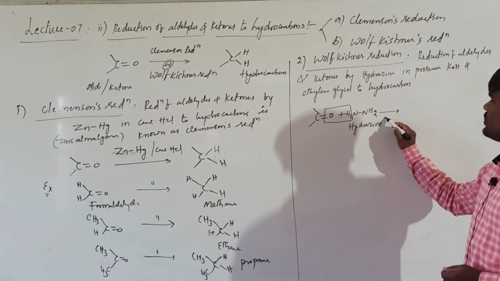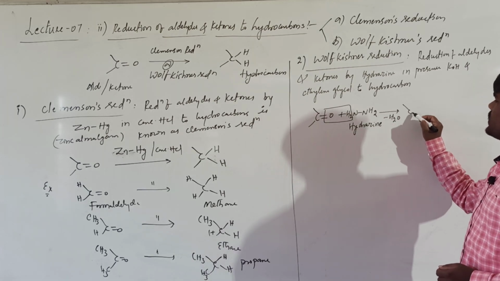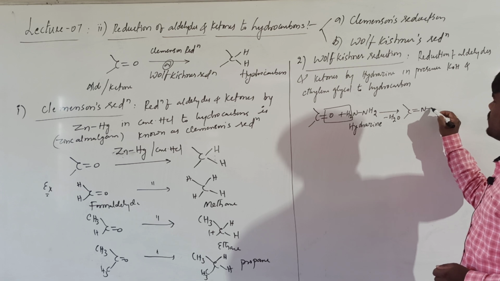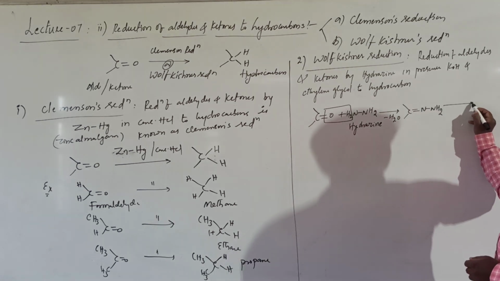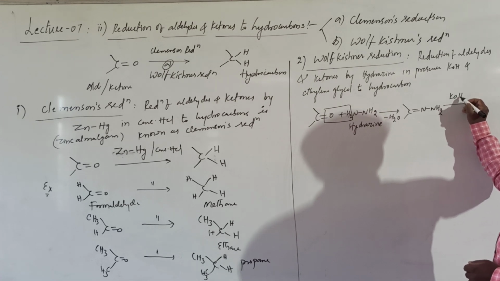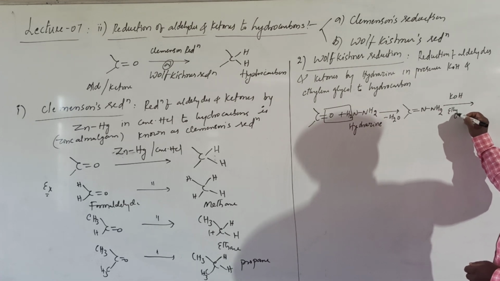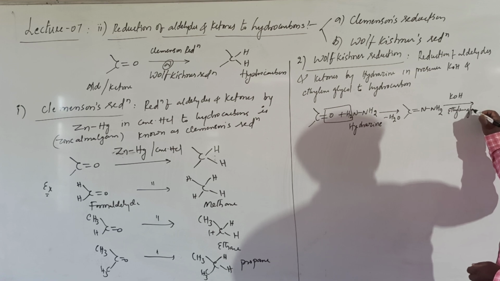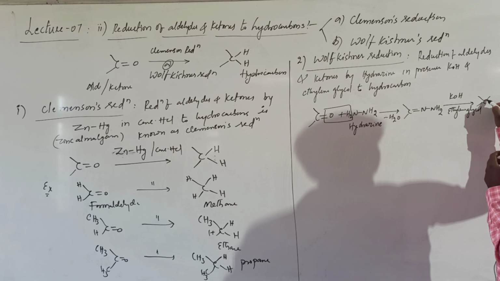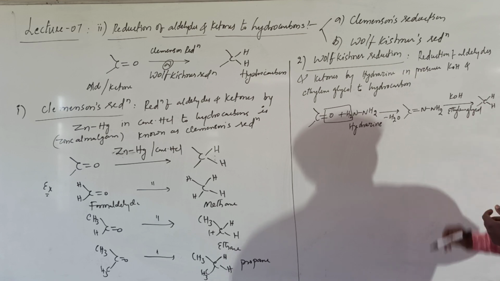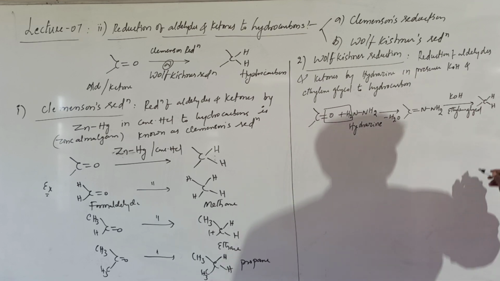So with the removal of water, you will get a hydrazone. This hydrazone, on reaction with KOH in ethylene glycol, will give the corresponding hydrocarbon.